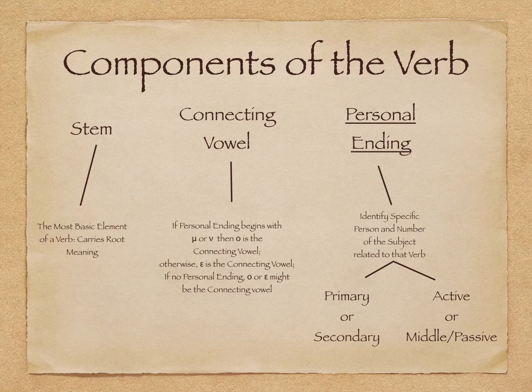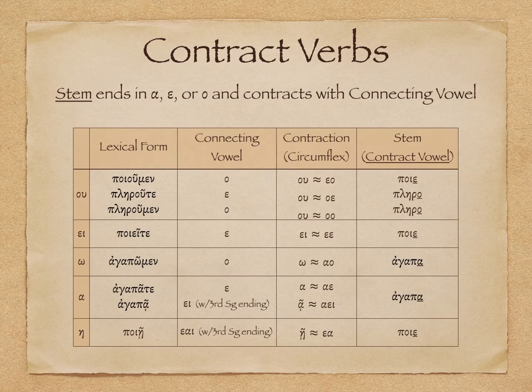If you know the connecting vowel, you're halfway to knowing what vowel the stem would end in. So just know those patterns in that regard. I'm going to come back to this slide for a minute. Once you know the connecting vowel and you have the lexical form in front of you, you're halfway there. Just then memorize that epsilon omicron go to ou, omicron epsilon go to ou, omicron omicron go to ou, epsilon epsilon to ei, alpha and omicron, omicron plus about any combination goes to omega, and then the last two as well.